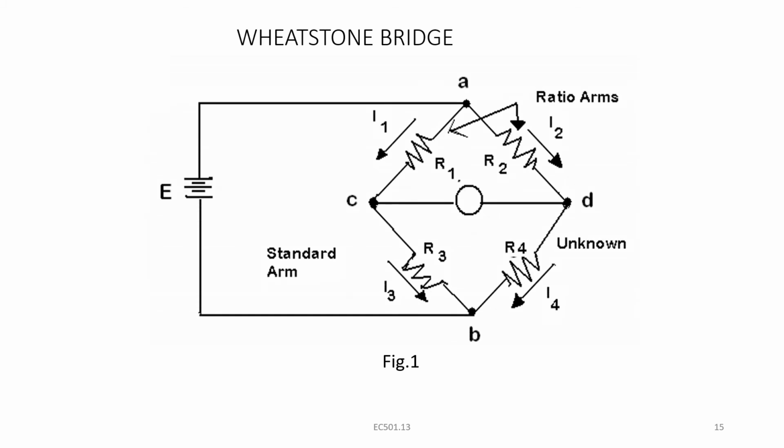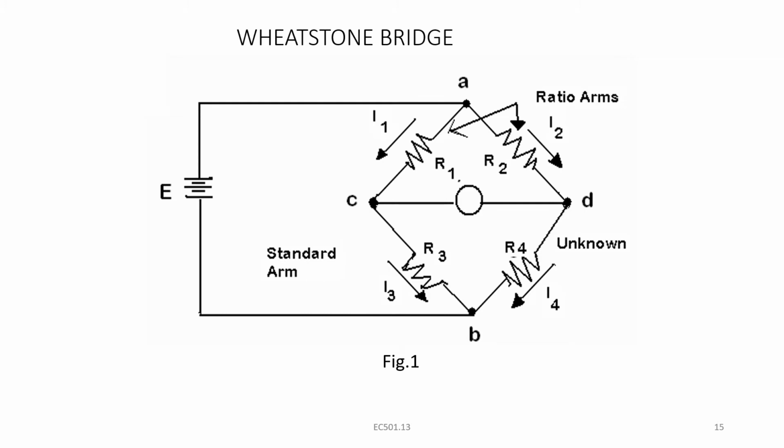As I already told you, the Wheatstone bridge is a bridge which is used to measure the unknown resistance value. So this is the circuit diagram of a Wheatstone bridge which has the four resistors R1, R2, R3, R4. R1 and R2 are called the ratio arms.